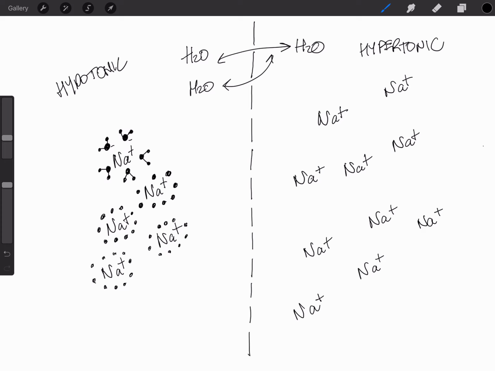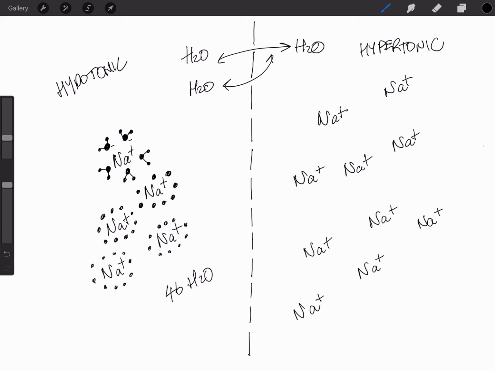Let's count them up: 1, 2, 3, and so on, up to 46 or so, 47 water molecules surrounding these 5 sodium ions.